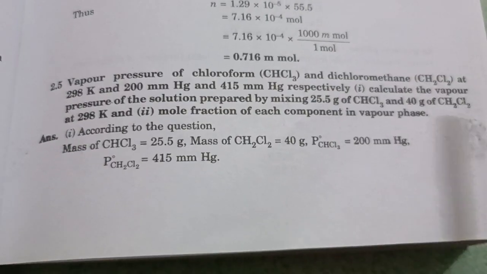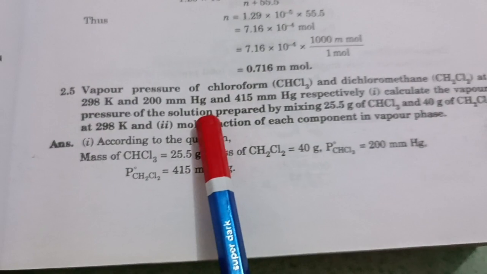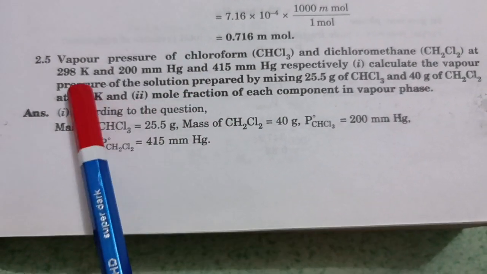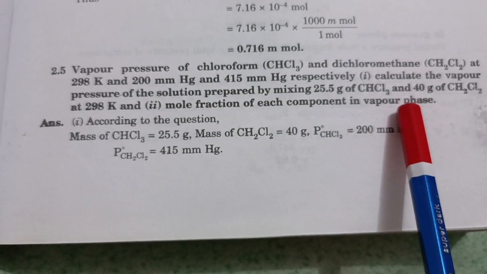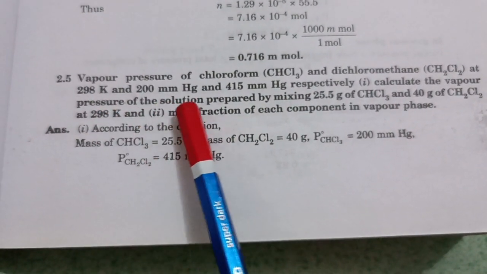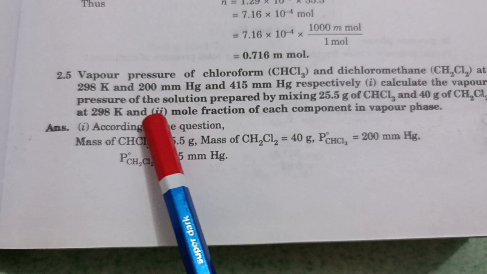So dear friends, I hope it is clear to you how we find the mole fraction of each component in the vapor phase and the vapor pressure of the solution.